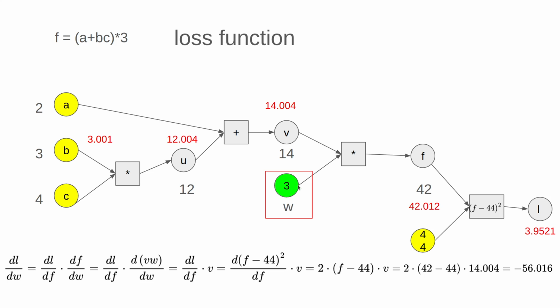For example, if you increase it to 4, it will become 56, which is larger than 44 here. So we need to increase it little by little until F becomes 44.